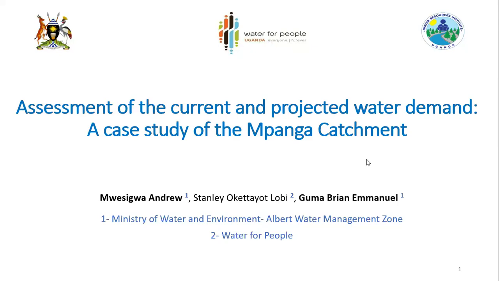And then Mr. Robert, there are some questions in regards to the impact of climate change and land use on the availability of water. This is part of a bigger study. This was a paper that has been written and is yet to be submitted for publication. It's part of the bigger study trying to assess water resources availability and allocation within the Mpanga catchment.